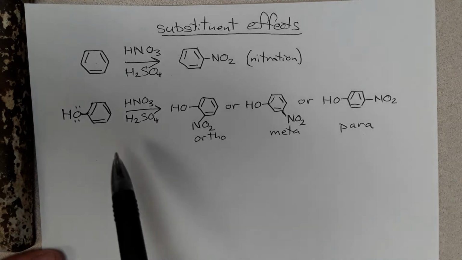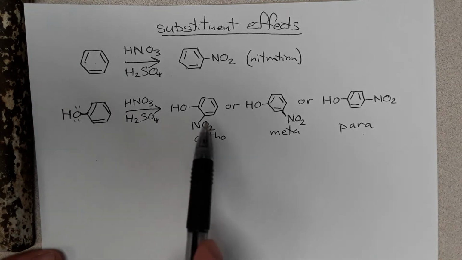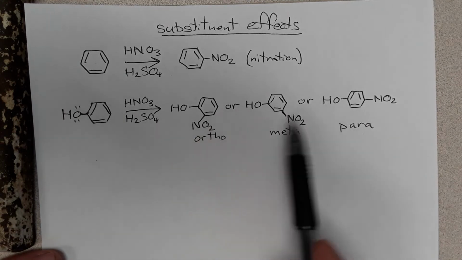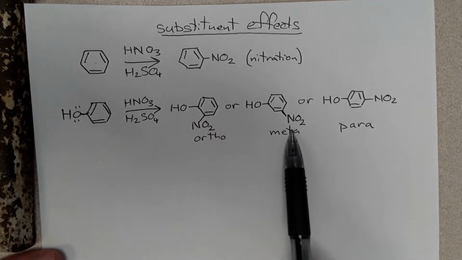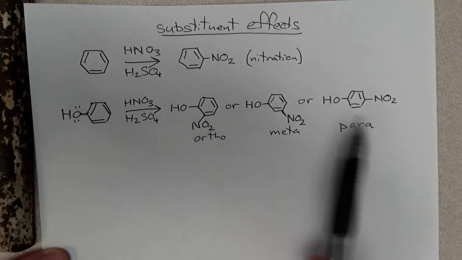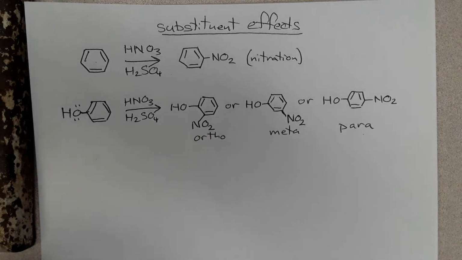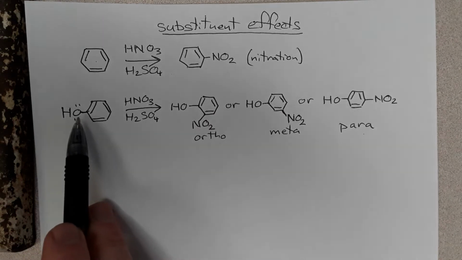So can we predict which of these products would form, or will more meta form than the others, will more ortho form, and why? So the answer to that question depends on the group that's actually already there.